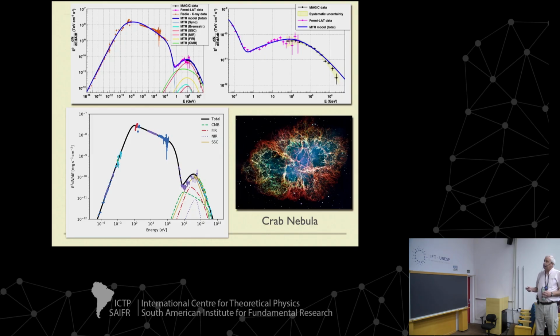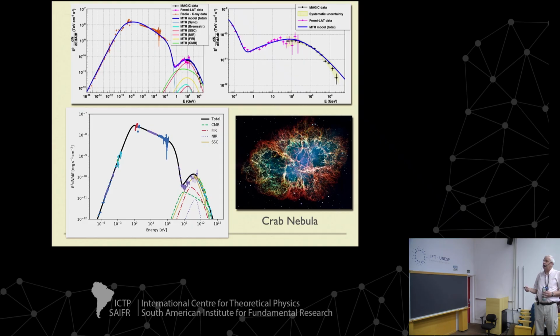You have a component that is the synchrotron self-Compton radiation. So inverse Compton upscattering of the synchrotron photons, of these very same photons by the very same population of electrons that produce these photons. So this is this line here, so it's the major contribution.